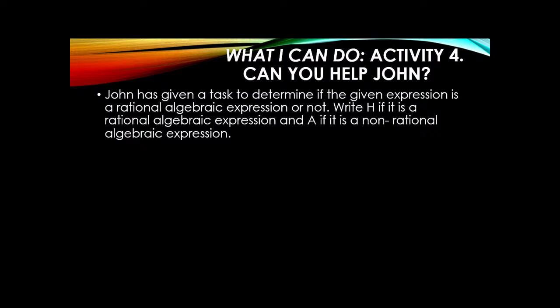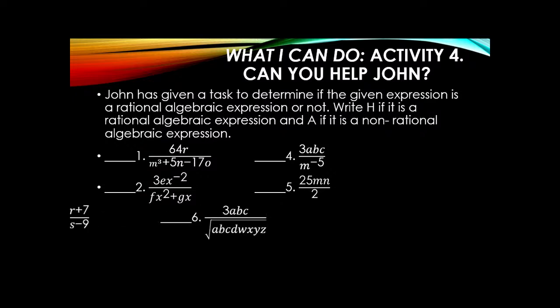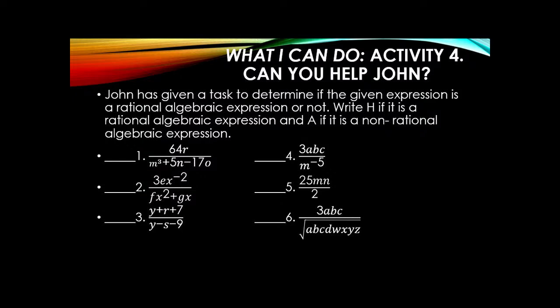What I can do, activity 4. Can you help John? John has been given a task to determine if the given expression is a rational algebraic expression or not. So write H if it is a rational algebraic expression and A if it is a non-rational algebraic expression.